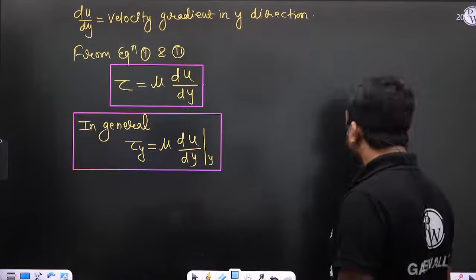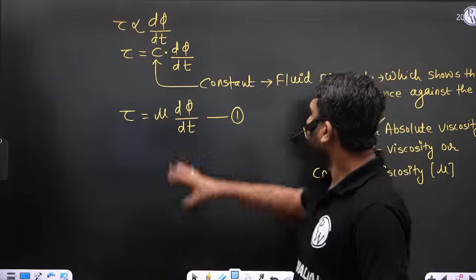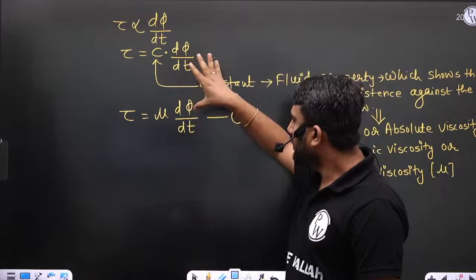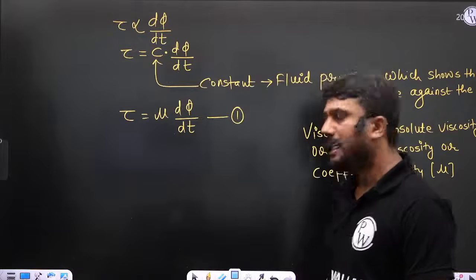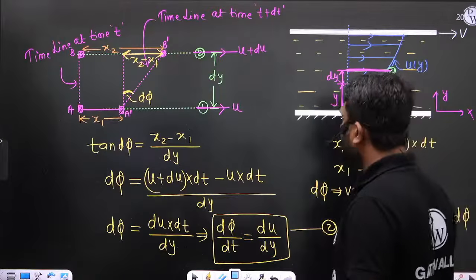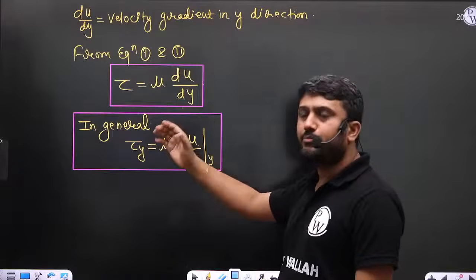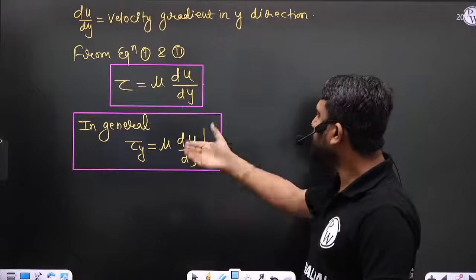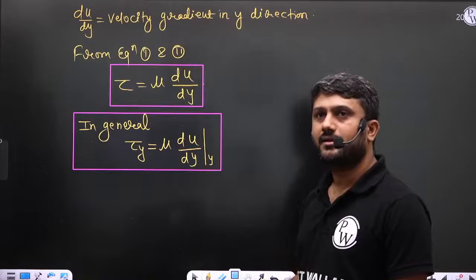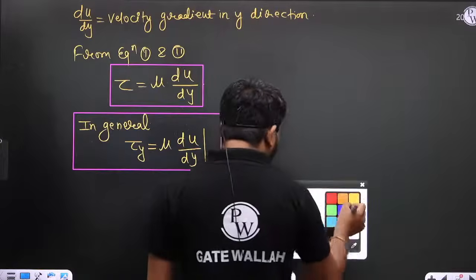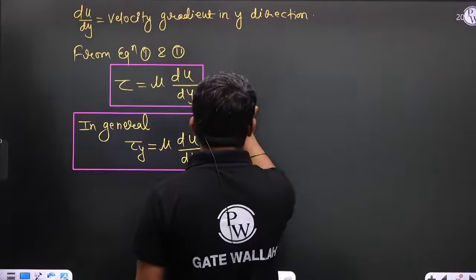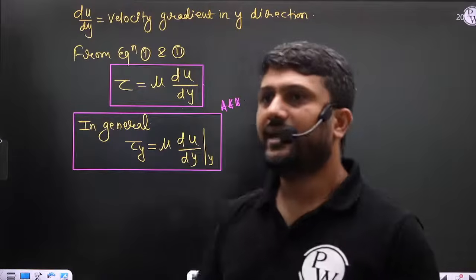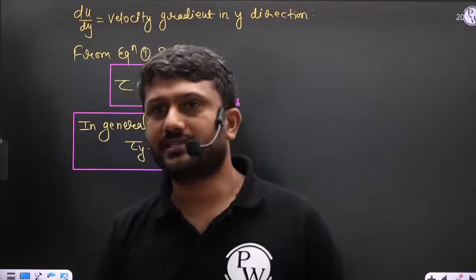This is also a mathematical expression of Newton's law of viscosity. But this mathematical expression is more useful as compared to equation number 1, right? And you must remember this expression, because it is a very, very important expression.